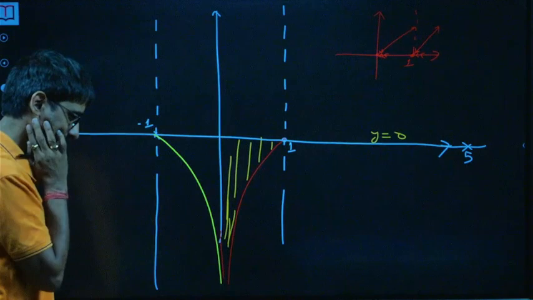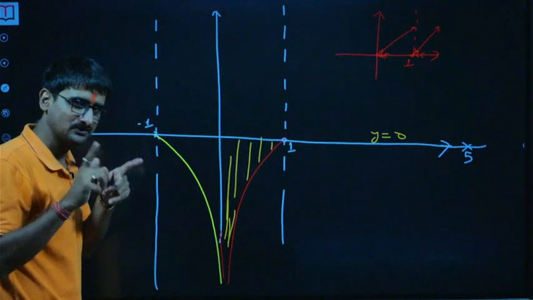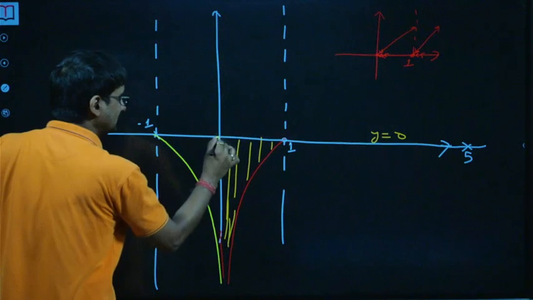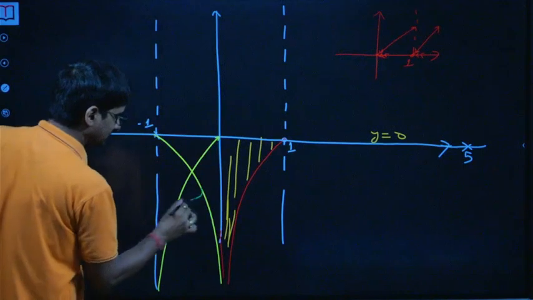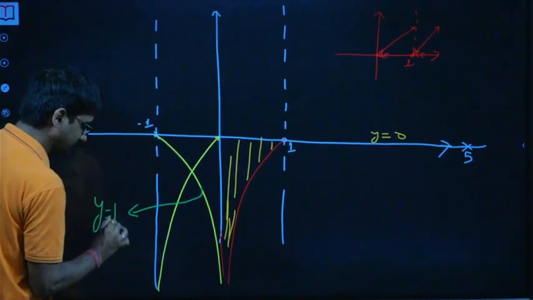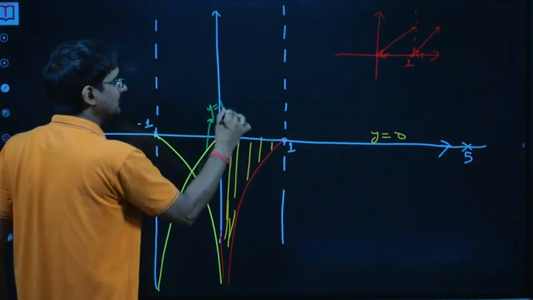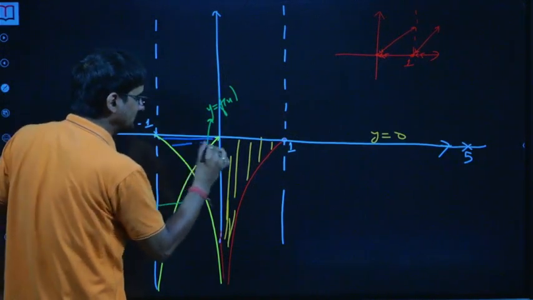Wait, but then the area bounded by y is equal to fx and y is equal to f mod x and the x-axis. In that case we will keep this one also. So this one is y is equal to f of mod x portion, and this is of course y is equal to fx. Now see, on the left side the portion is this region.